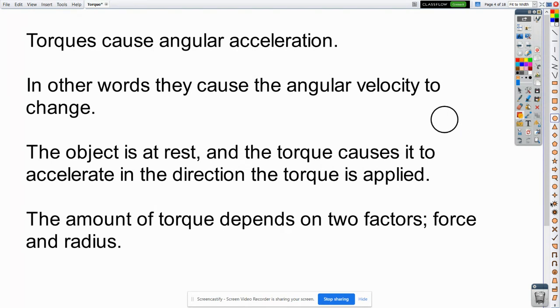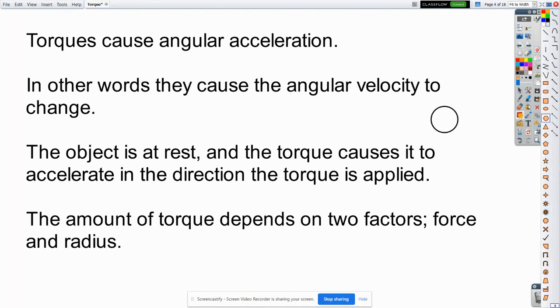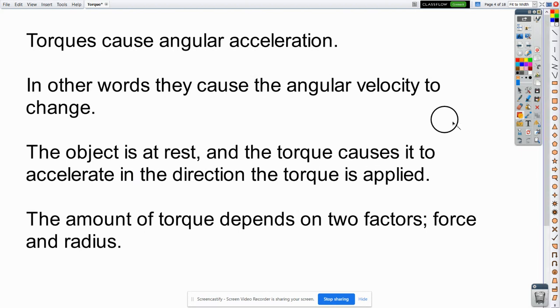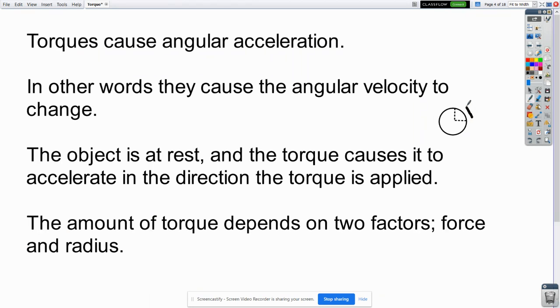So imagine here is the nut or bolt that the wrench is torquing on. Originally, it was sitting here, and it was caused to turn. It was caused to go into motion, to accelerate in this direction. We created some kind of angular velocity when there wasn't one to begin with. That is acceleration.